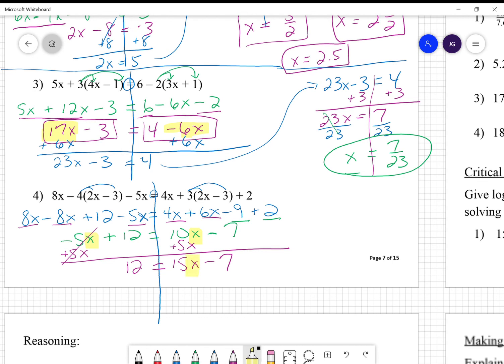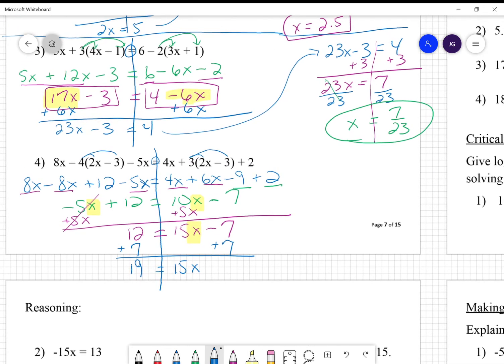Now I have one variable over here. I need to move the 15 and I need to move the minus 7. Always move the plus minus first. So I'm going to add 7. 19 equals 15x. Again, x is not by itself, so I need to get rid of 15.